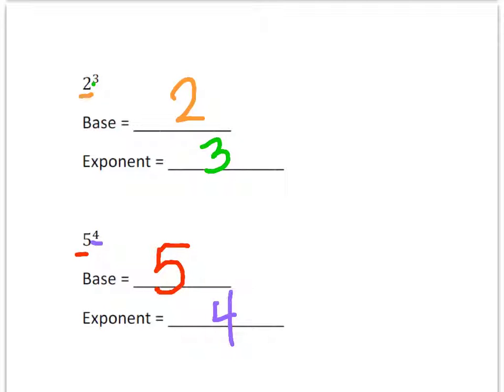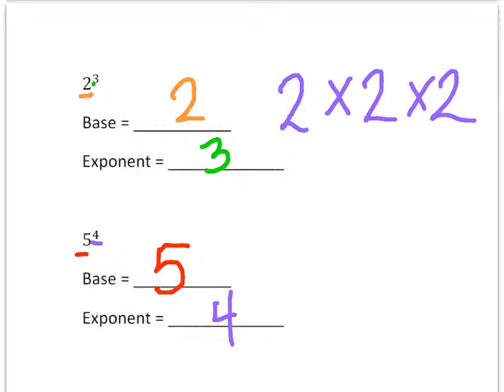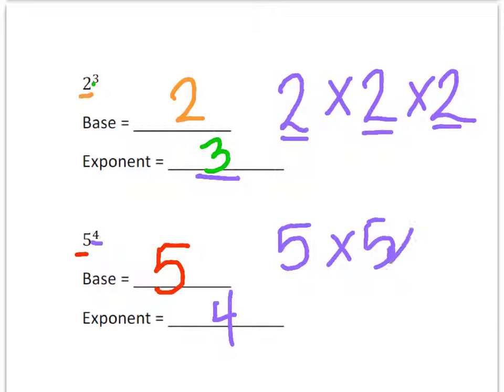Now for each one of these, if I was going to write it out, I would use the base number, and I'd have 2 times 2 times 2. I'm multiplying 2 by itself 3 different times because there's 3 2's. For the bottom one, I would have 5 times 5 times 5 times 5. I'm multiplying 5 by itself 4 different times.